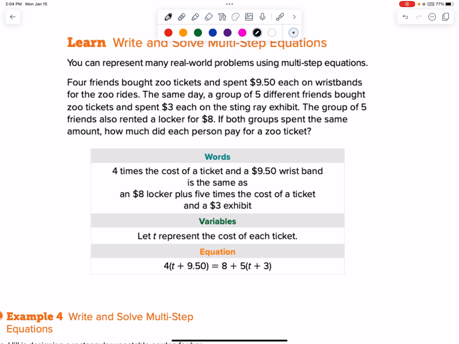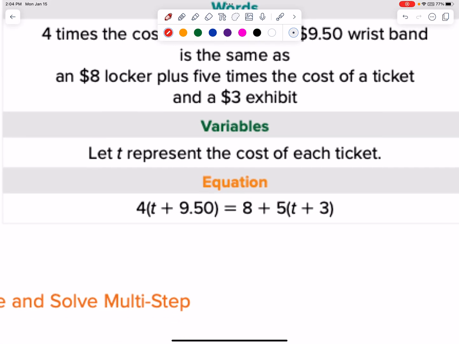So here's what I want you to notice again. So 4 friends, the same thing happened to the 4 people. That's why on the outside you see the 4, okay? So this is the situation for one person, okay?